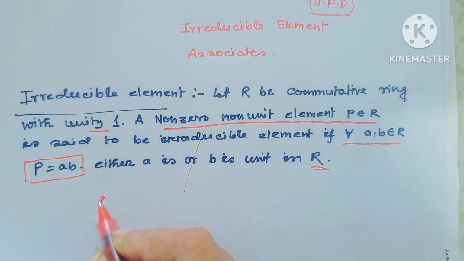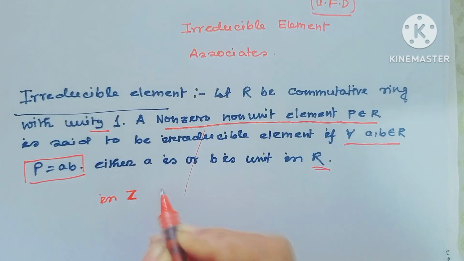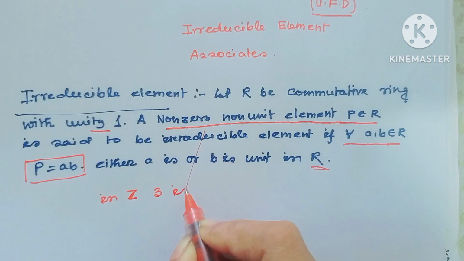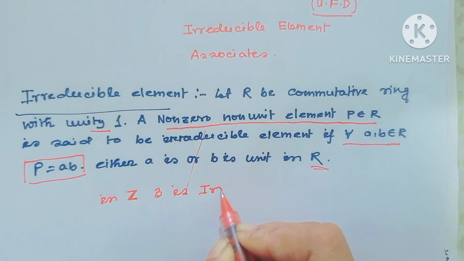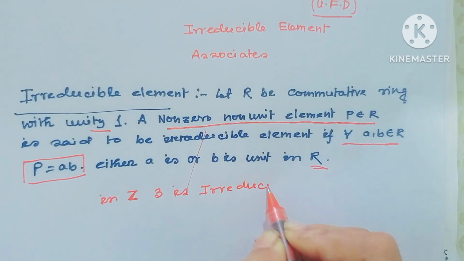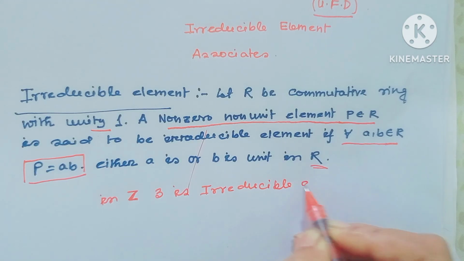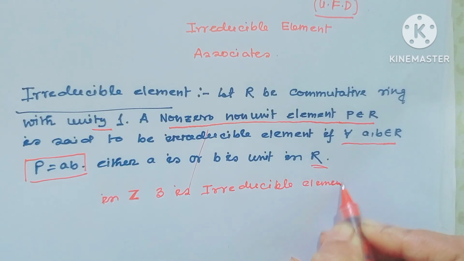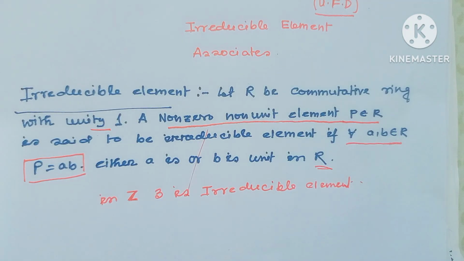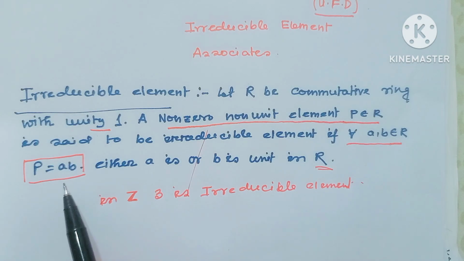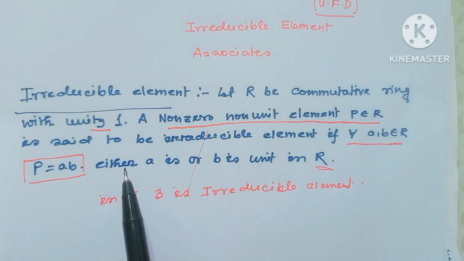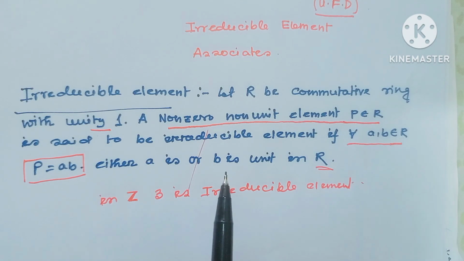In Z, the integers, 3 is an irreducible element. Why is 3 an irreducible element? At first think for yourself: 3 is written as AB where either A is a unit or B is a unit. Notice in Z the units are 1 and minus 1.